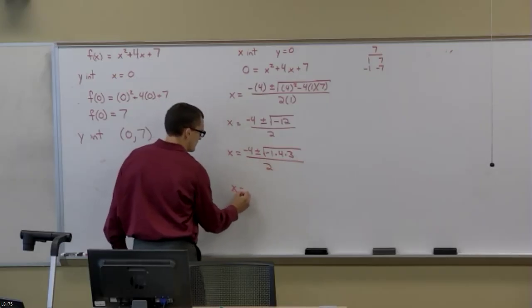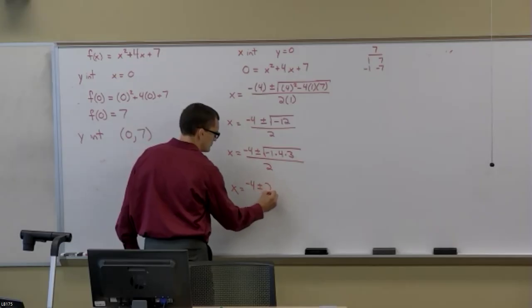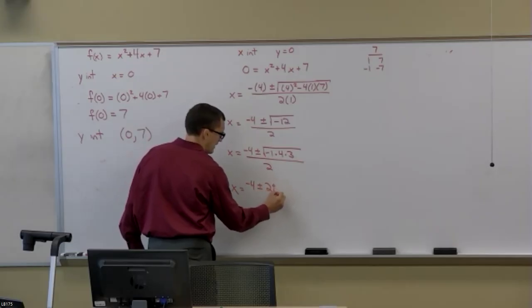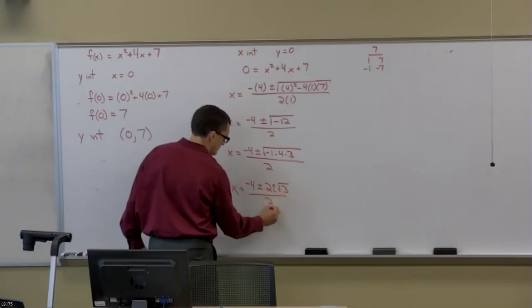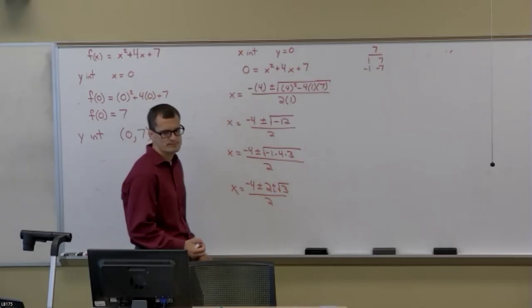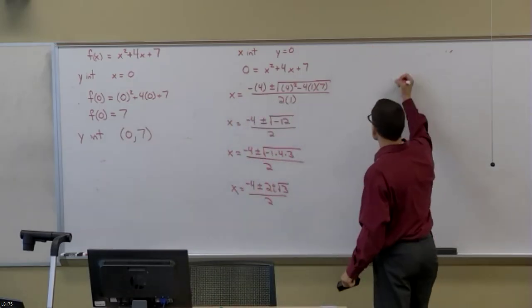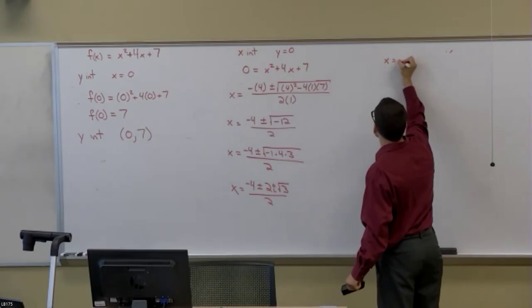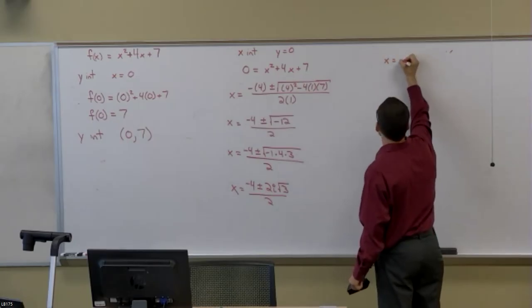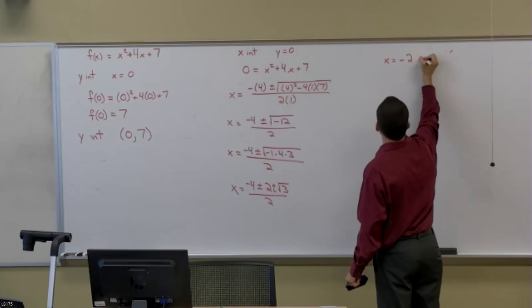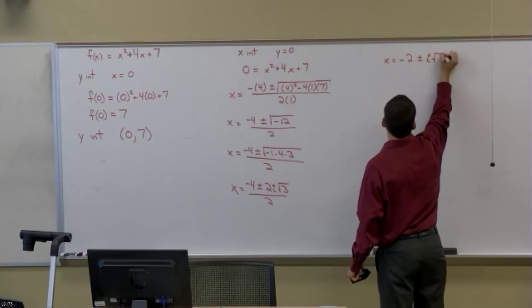So this is going to simplify to -4 plus or minus 2i times the square root of 3, all divided by 2. So when I divide -4 by 2, I get -2 plus or minus 1i times the square root of 3.